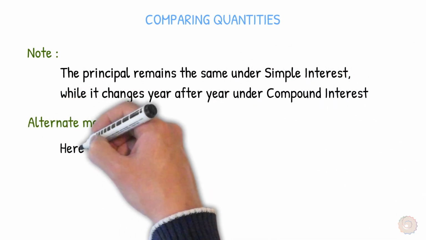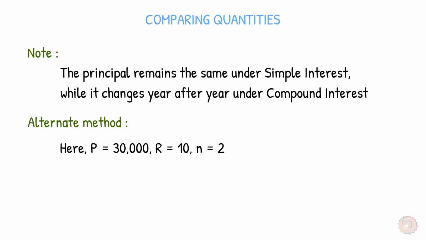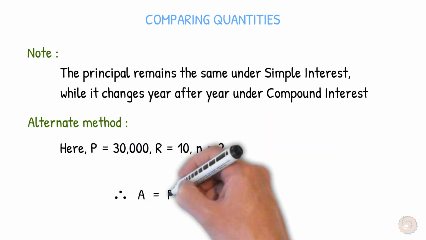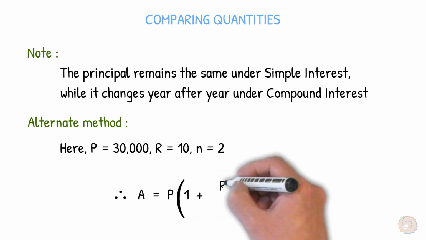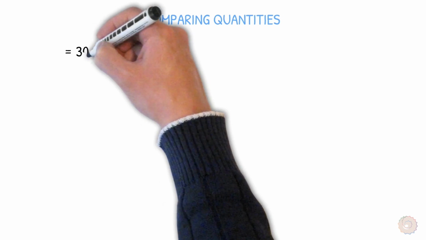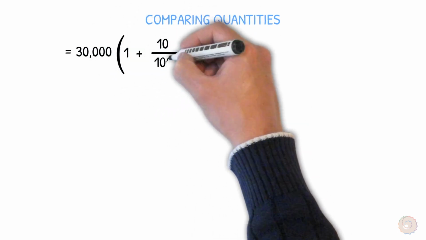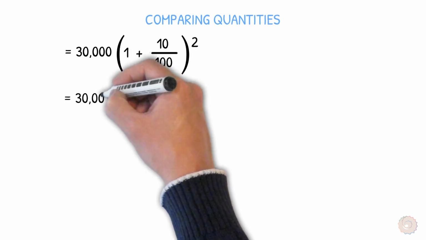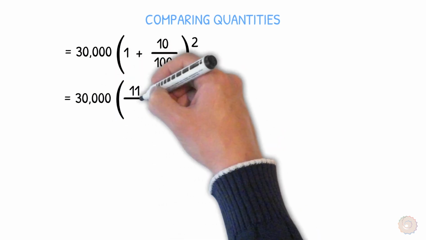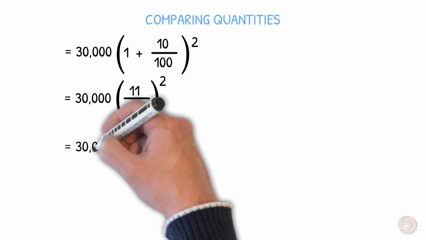Alternate method. Here, P equals 30,000, R equals 10, N equals 2. Therefore, A equals P into (1 plus R by 100) the whole raised to N, that is 30,000 into (1 plus 10 by 100) the whole raised to 2, which is equal to 30,000 into (11 by 10) the whole raised to 2.